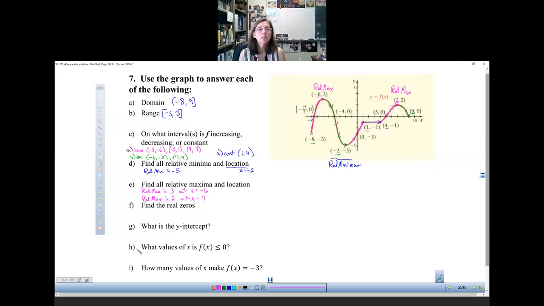Okay. Zeros. How many zeros does this graph have? Somebody tell me, how many zeros does this graph have? You don't have to tell me what they are, you just have to tell me how many of them it has. Getting lots of different answers here.